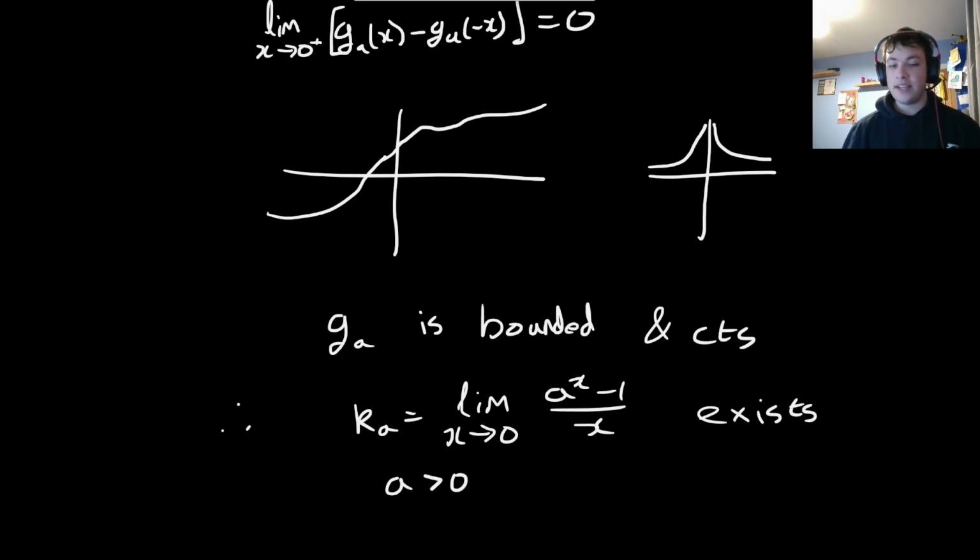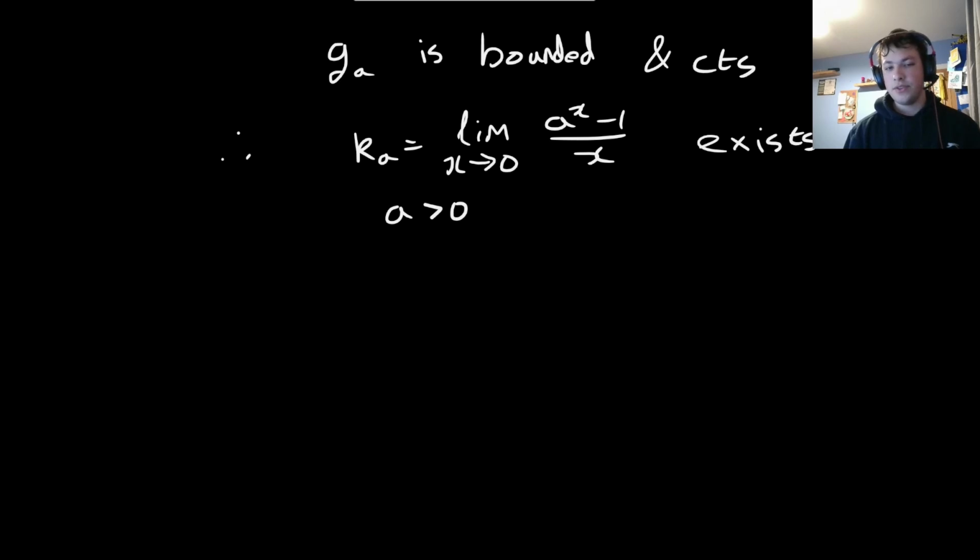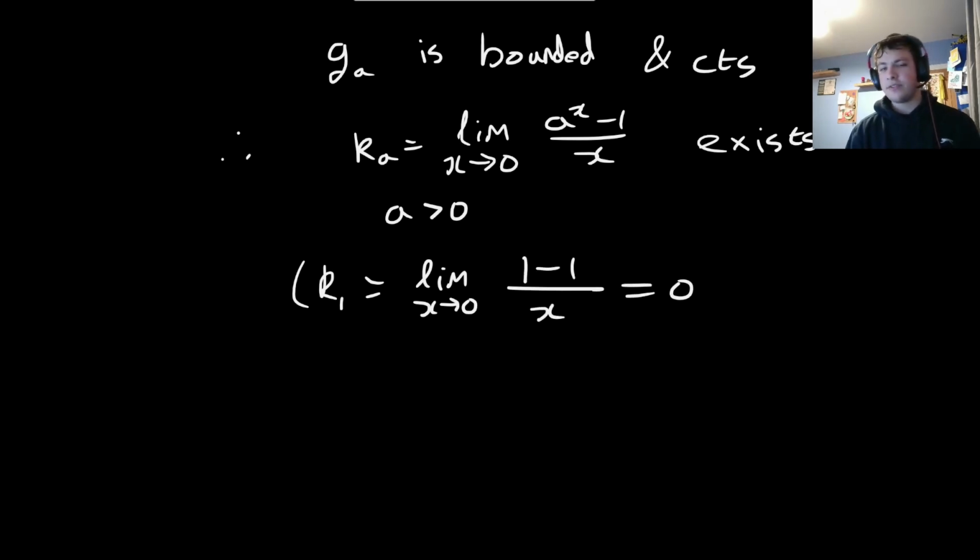So any k greater than 0, because k of 1 is the limit as x goes to 0 of, well, 1 to the x is 1 minus 1 over x, and this is 0 because it's just the limit of 0.